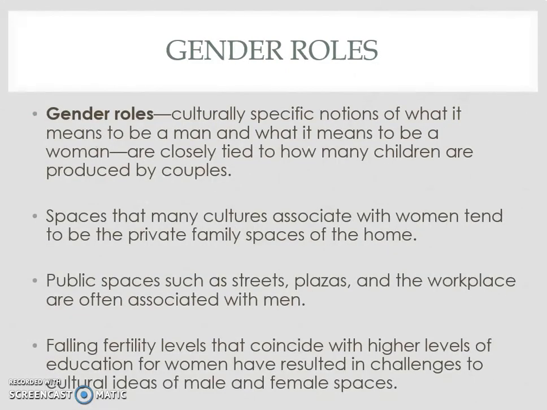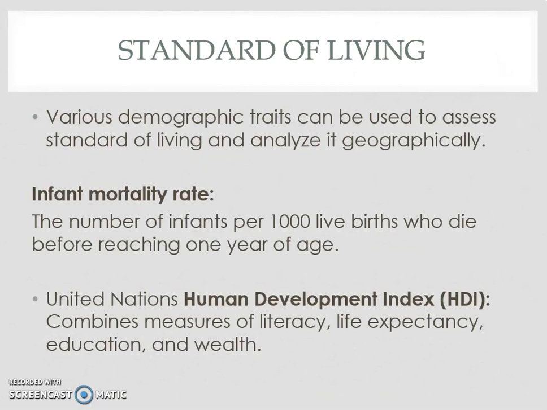Sex ratio, comparison of genders, gender roles. What do different genders do in societies? And then we have infant mortality rate, and then quality of life is HDI, which deals with all the things that matter, how good the quality of life is, from education to healthcare to GDP, gross domestic product, or gross domestic income, all those kinds of things.